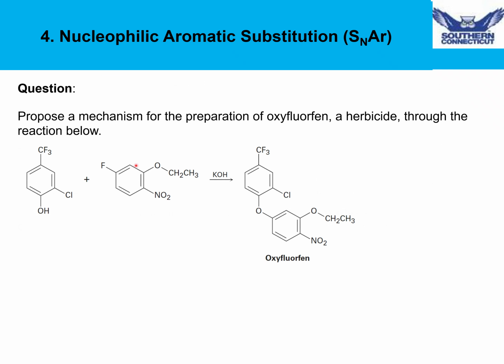Here's a reaction that has been used in order to make a herbicide shown here. The reaction involves an aromatic ring with a halogen, and it's going to react with a phenol ring that also has a halogen.